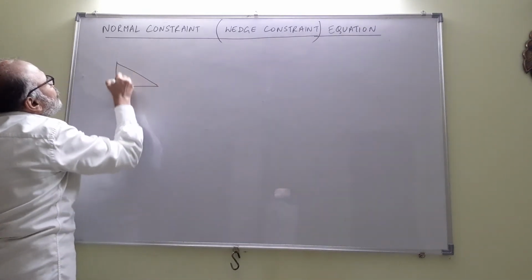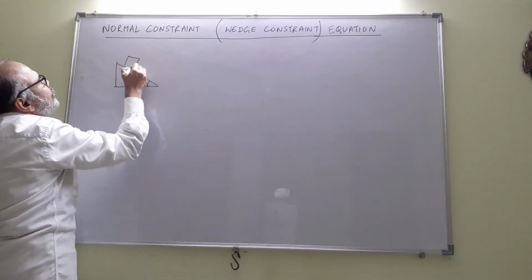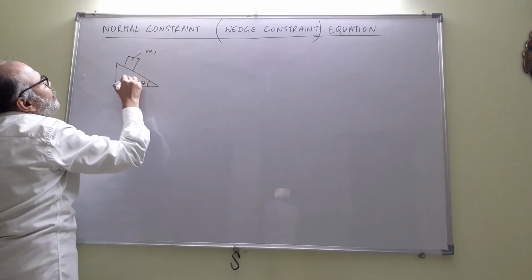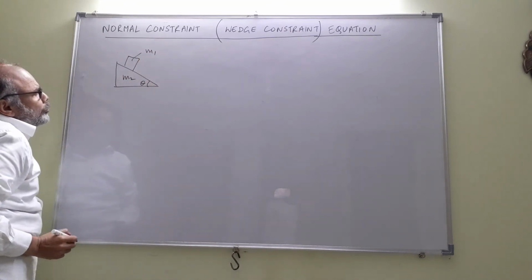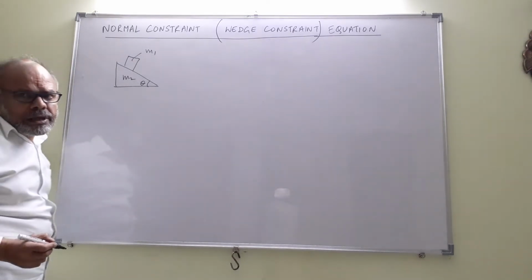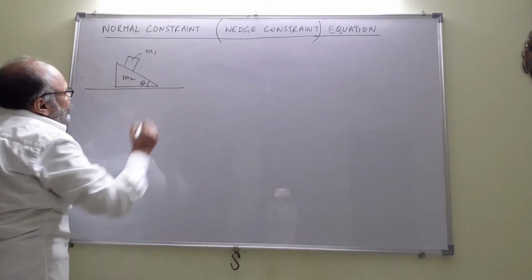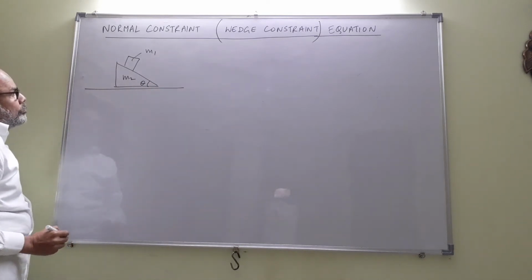A wedge is a movable incline. This is theta, and there is a block here. The mass of this is m1, and the mass of this is m2. So again you would like to find the accelerations and the normal forces. All surfaces are smooth.